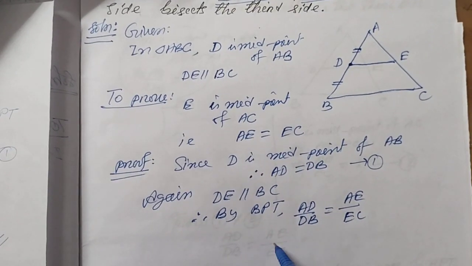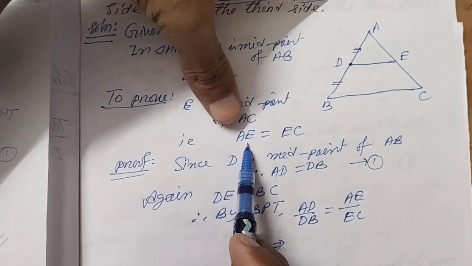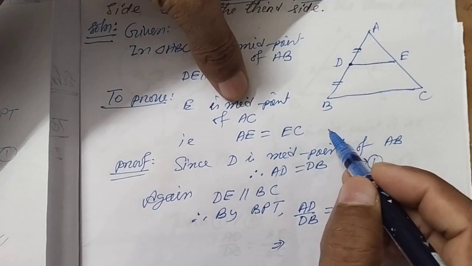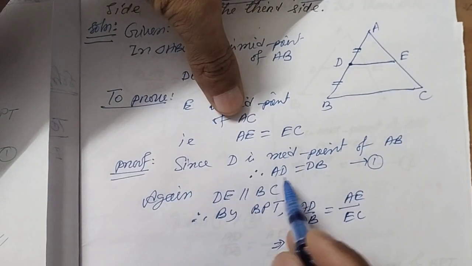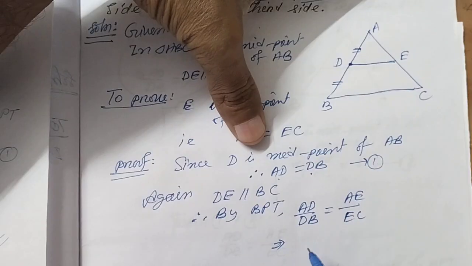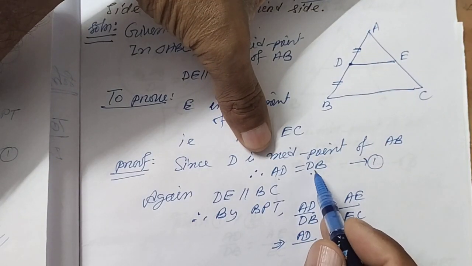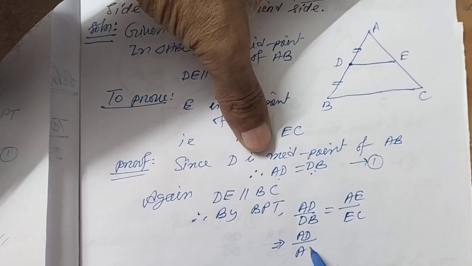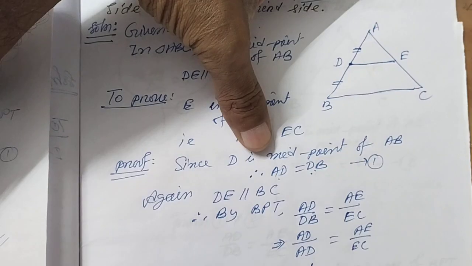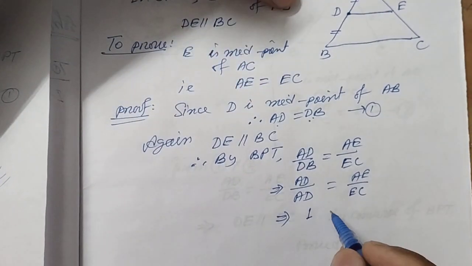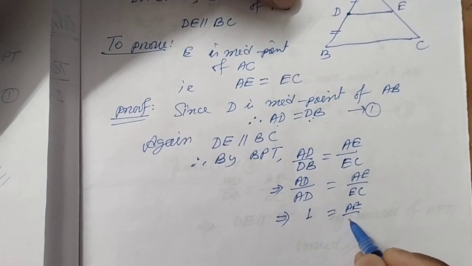Now since here AD and DB are equal from equation 1, in place of DB we can replace it by AD, so AD by AD equals AE by EC. AD by AD is 1, cancelling, equal to AE by EC.